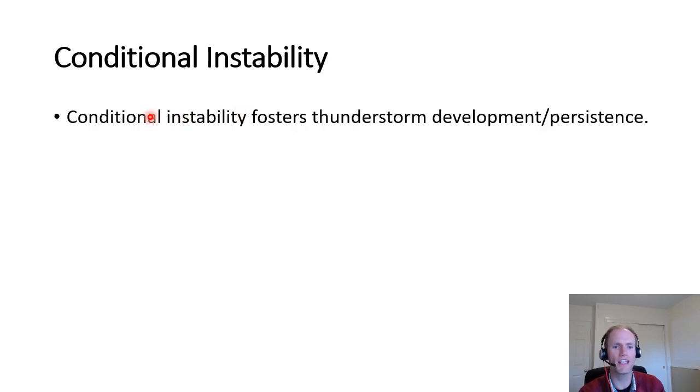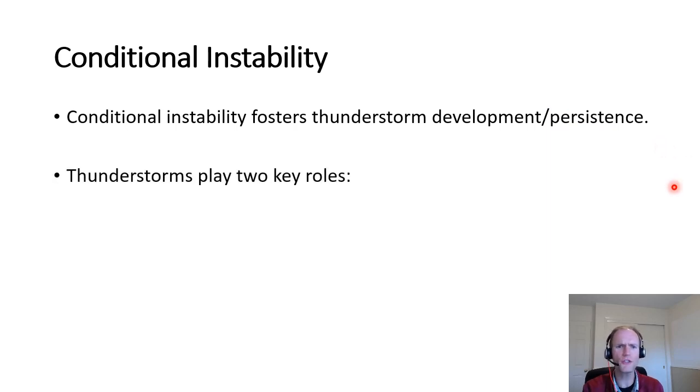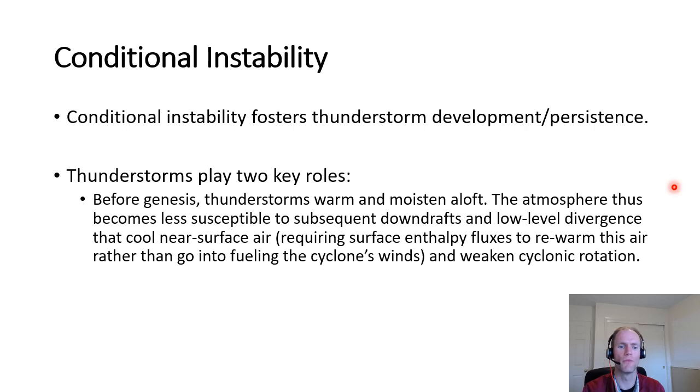So as noted, that conditional instability allows for thunderstorms to develop and to persist. And the thunderstorms play two key roles here. We talked about how they warm and moisten aloft while also cooling near the surface. So when you get that vertical profile of moist static energy being fairly uniform with height, when a thunderstorm forms, you will have precipitation fall out, yes, but its ability to evaporate is substantially reduced.